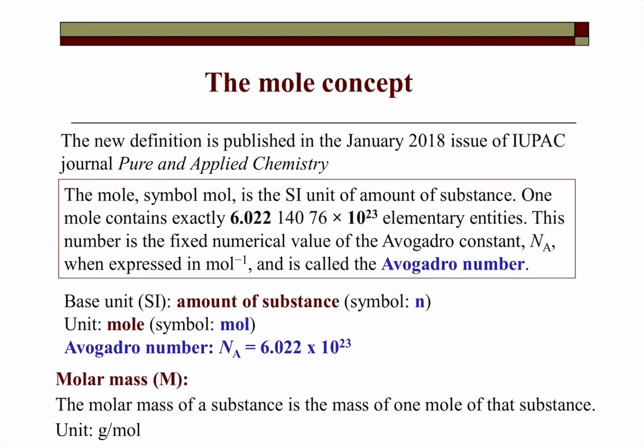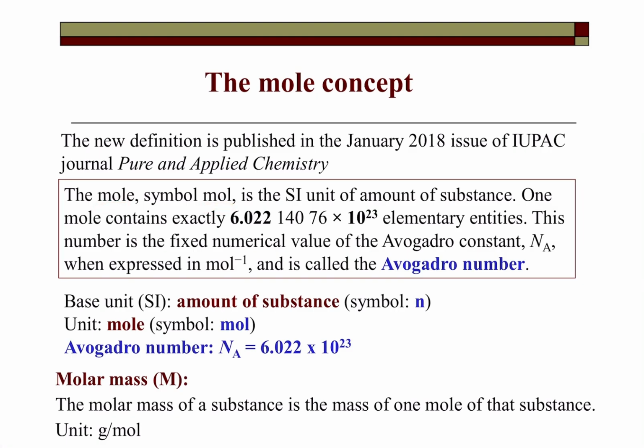And the second is the molar concept. The molar concept, there is a new definition, started in 2018 in the IUPAC journal Pure and Applied Chemistry. The mole, with the symbol mol, we can see in chemistry.